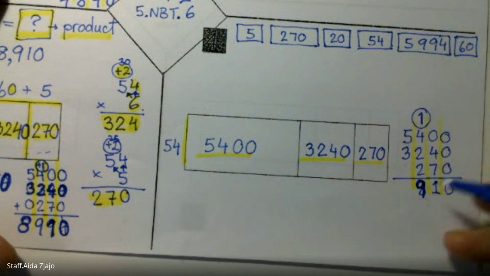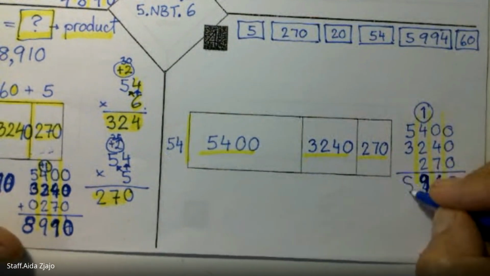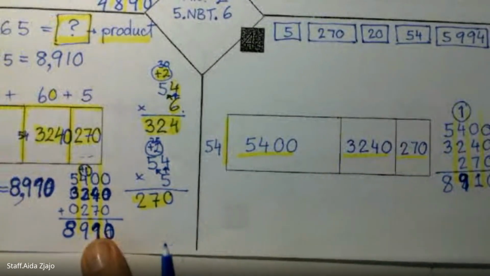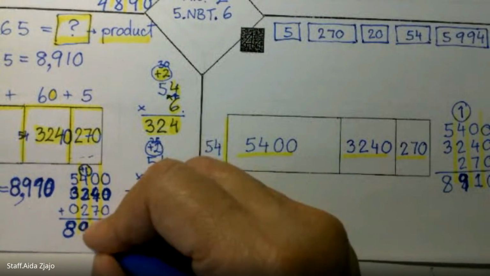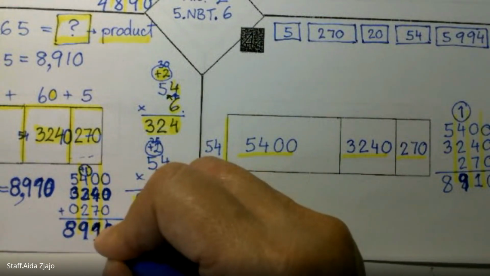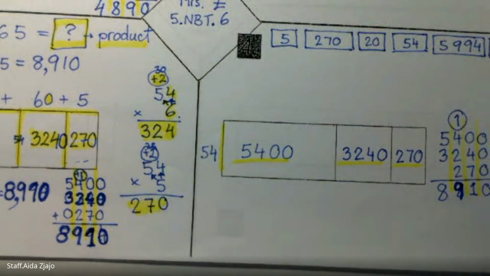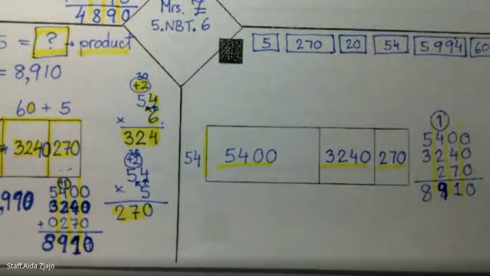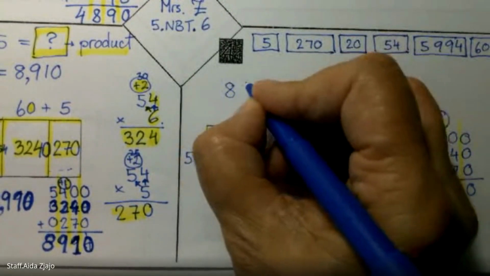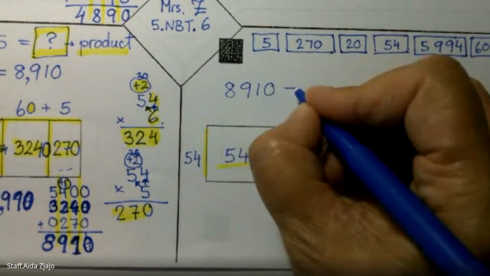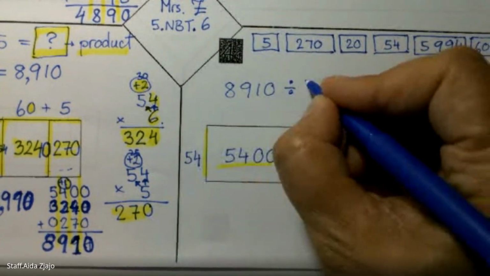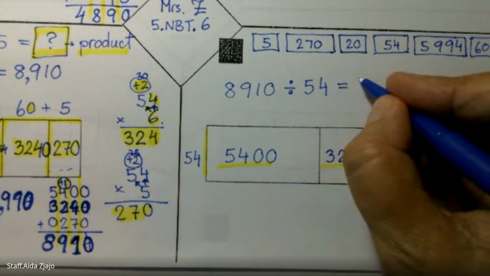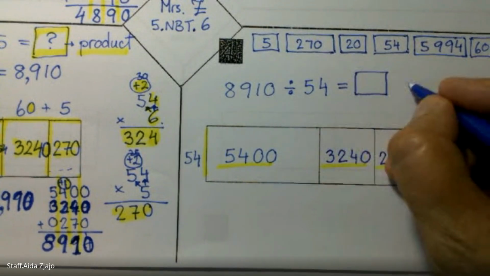So another mistake here, and then the answer is 8,910, which matches this one. So now we know what our dividend is. 8,910 divided by 54 is going to give us our quotient.